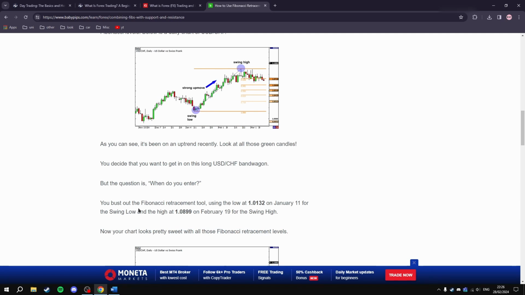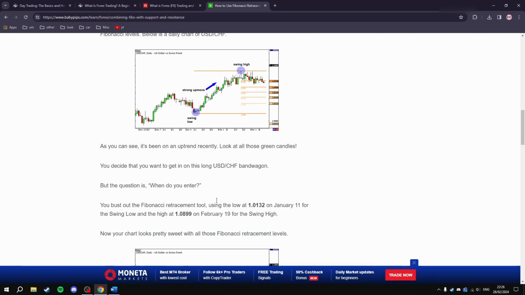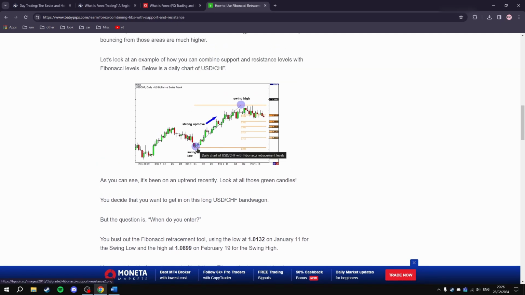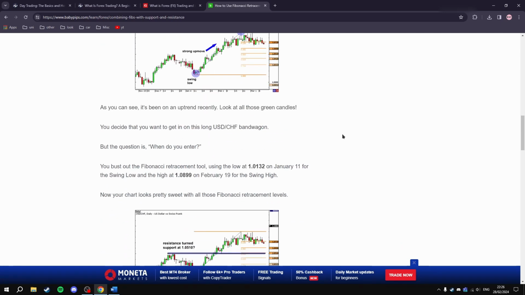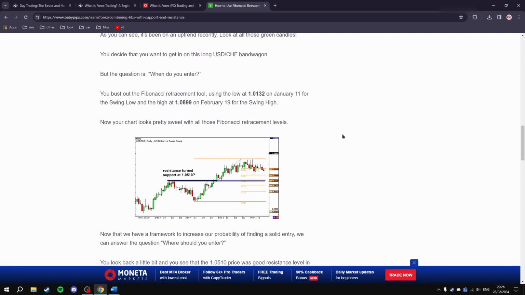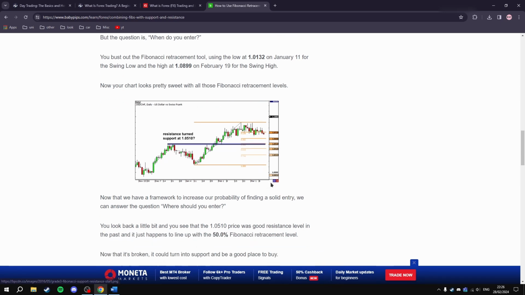You bust out the Fibonacci retracement tool using the low at 1.0132 on January 11th for the swing low, and the high 1.0899 on February the 19th for the swing high. Now your chart looks pretty sweet with all those Fibonacci retracement levels. So resistance turns support at 1.0510.